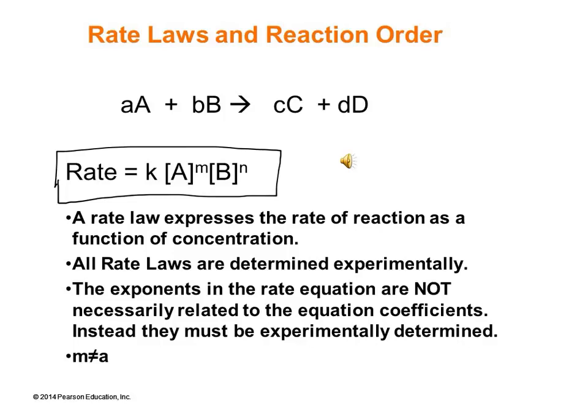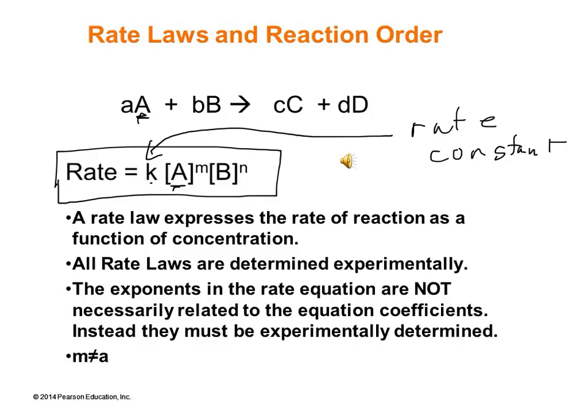In a rate law, you have the rate equal to a constant, and this constant is known as the rate constant, and I've never seen a book use anything other than a lowercase k for it. So rate is equal to a rate constant times the concentration of a reactant to the m power times the concentration of a reactant to the n power.